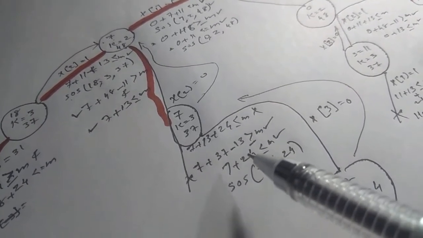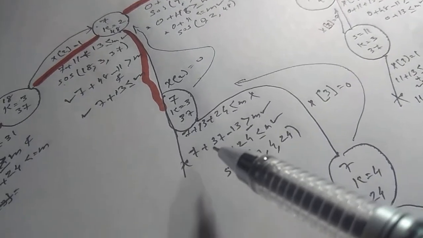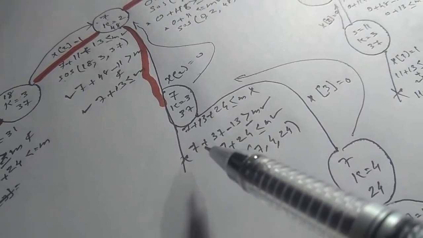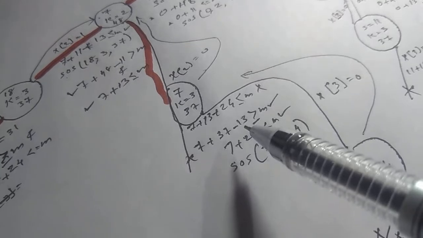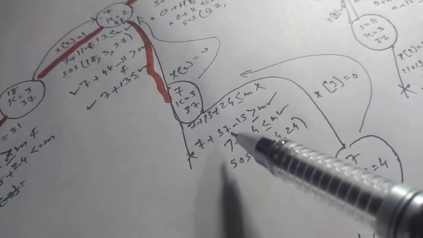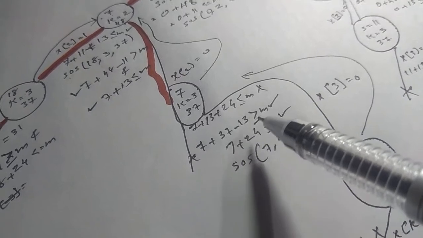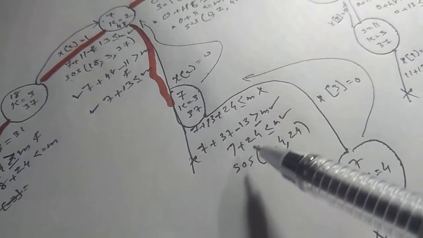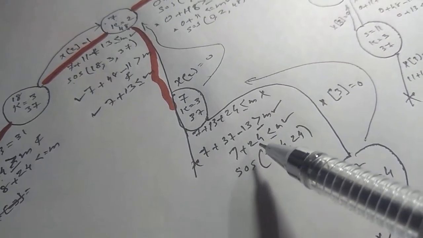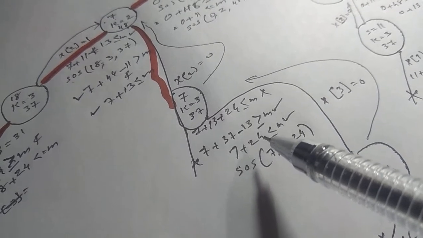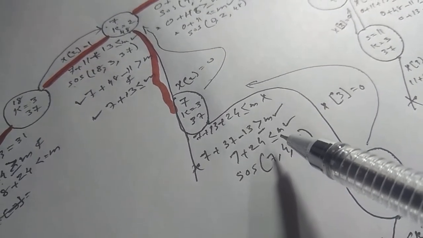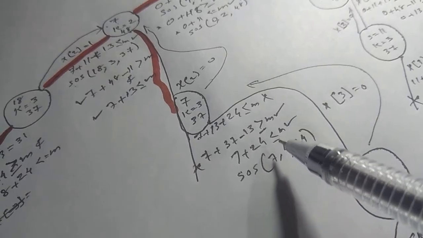Before that, it has to make the checks: sum plus r minus wk. Is it greater than m? Yes, it is greater than m, and it has to check sum plus wk plus 1, the next element. Is it less than or equal to m? Yes.